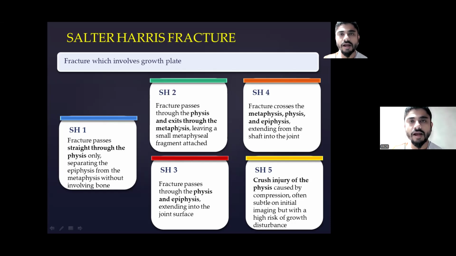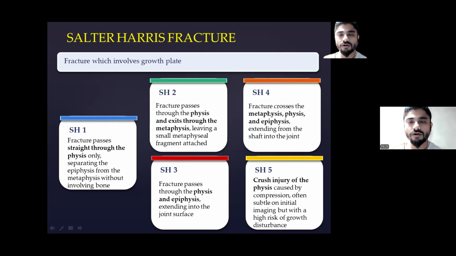Okay, Salter-Harris type 2 fractures involve growth plate and adjacent metaphysis. The epiphysis is spared. Okay, coming to Salter-Harris type 3, the fracture line involves growth plate, physis, and adjacent epiphysis. There is no involvement of metaphysis.